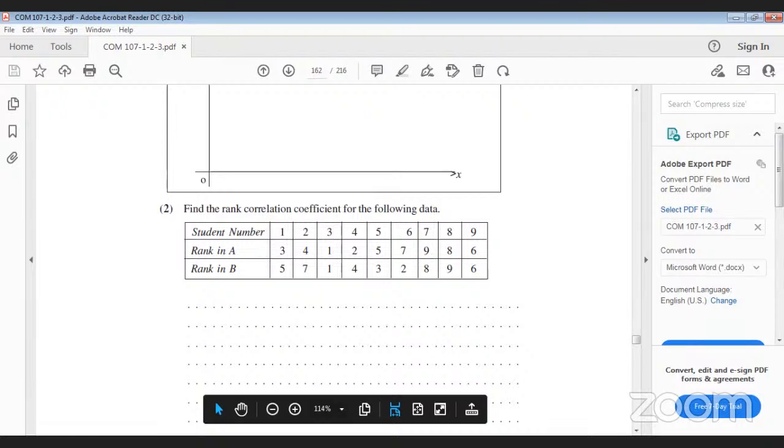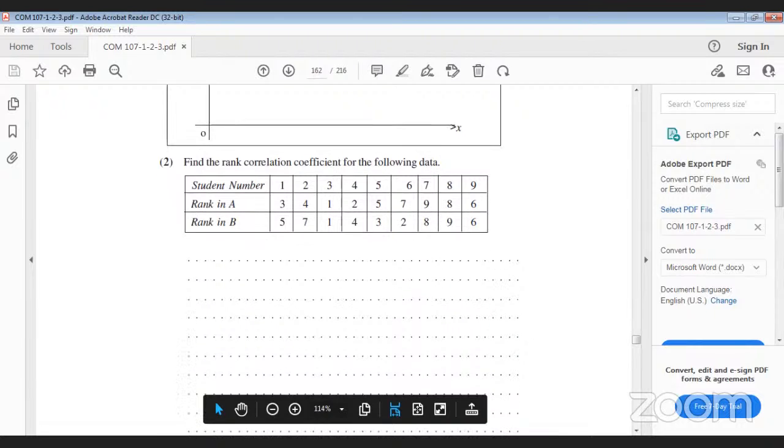Then upon 9 into 9 square minus 1, that means 80 into 9 is equal to 720. So 288 upon 720 is 0.4, and 1 minus 0.4 is 0.6. This is the answer for self-study question number 2.